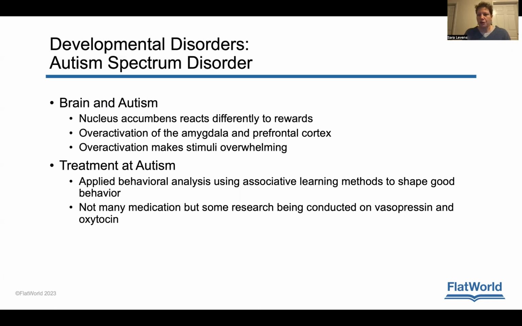Oxytocin, for example, is one of the neurotransmitters associated with social functioning and bonding behaviors and things like that. So it's possible that shifts or areas where these neurotransmitters are affected could be part of addressing autism spectrum disorder.